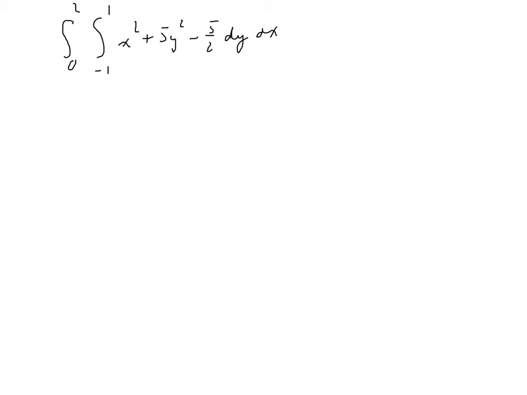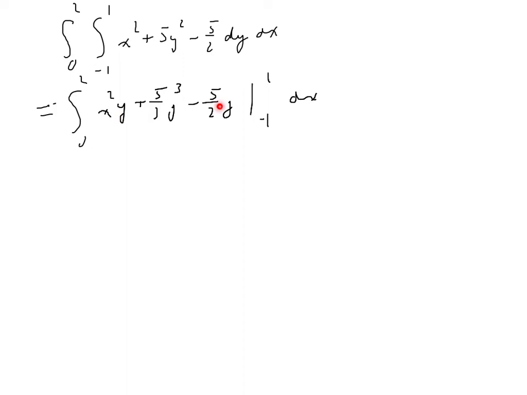So in the next innermost integral, we're going to integrate with respect to y. So I'm going to integrate this with respect to y. And let's see what we get. We get x squared y plus 5/3 y cubed minus 5/2 y. And now we're going to evaluate between minus 1 and 1. So we're going to plug in y equals 1 everywhere we see y.